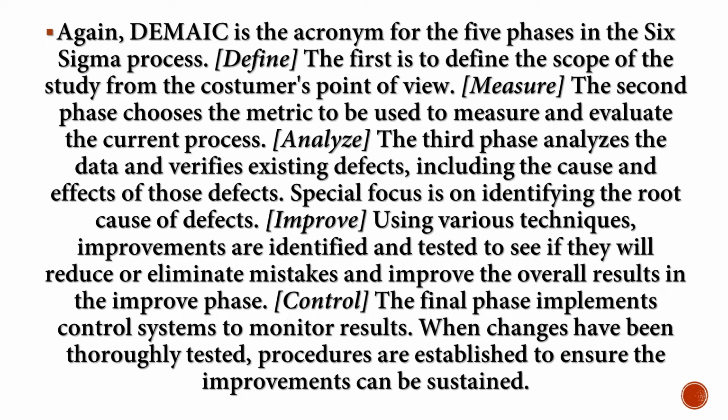So define. The first is to define the scope of the study from the customer's point of view. So measure. The second phase chooses the metric to be used to measure and evaluate the current process.